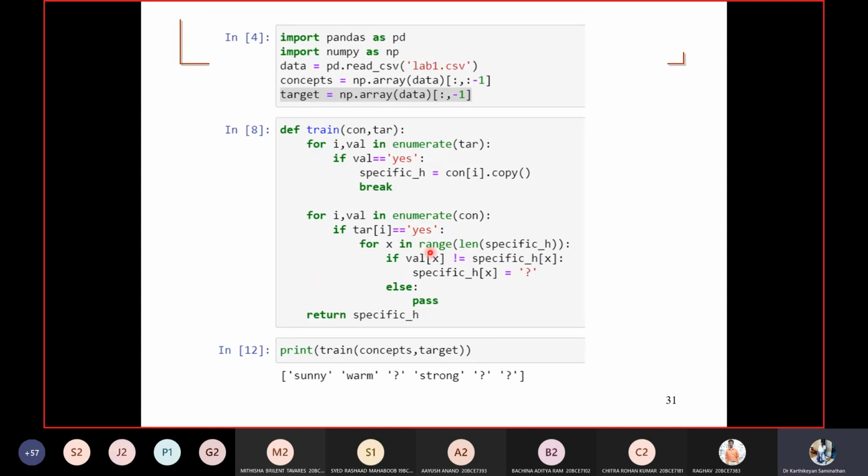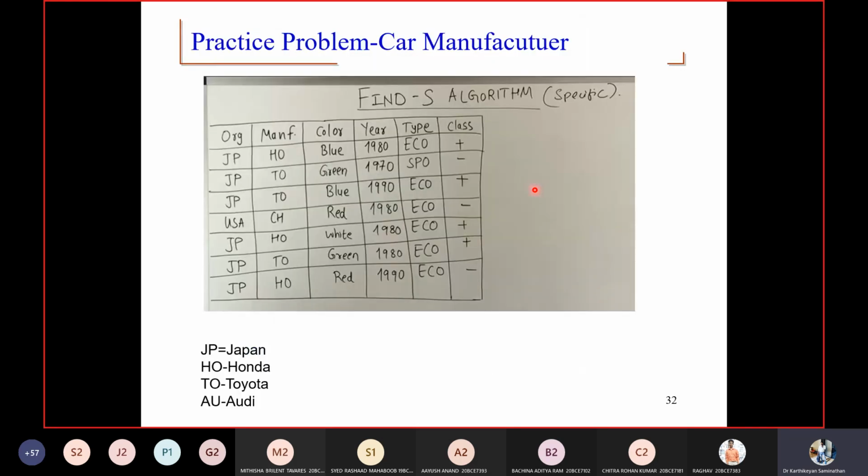Here, lower of concept of i dot copy, either you convert it and keep it in a local variable, or else you can straight away use it. So now you can try this algorithm.